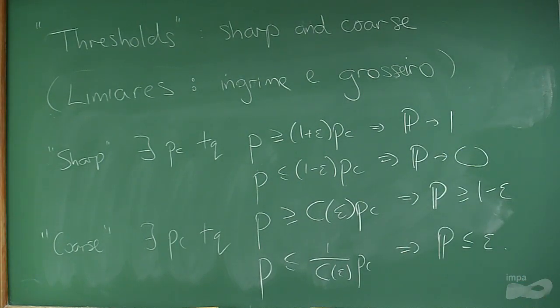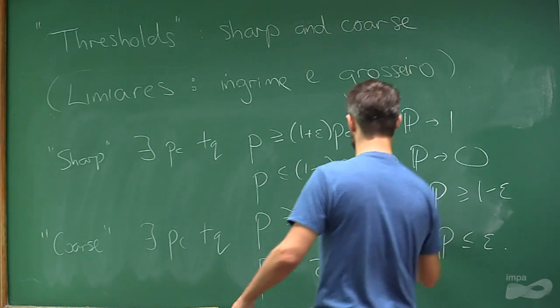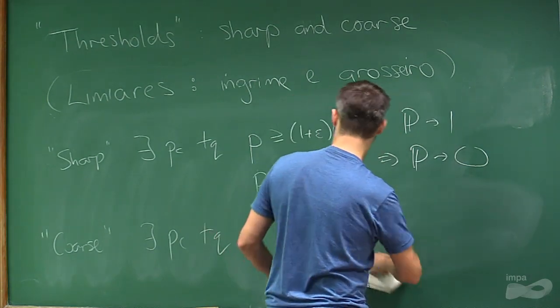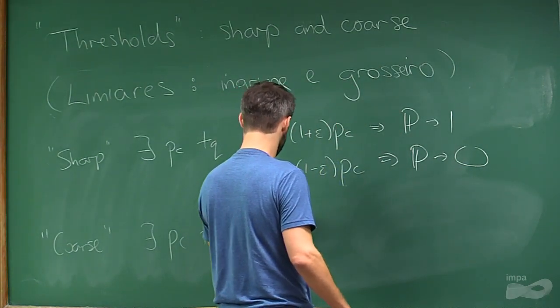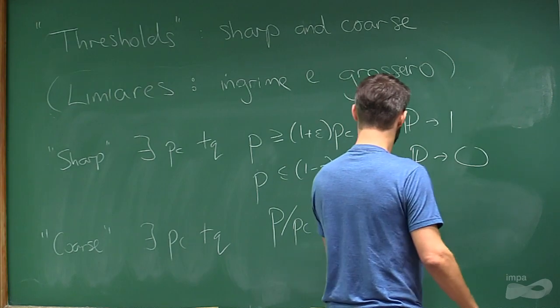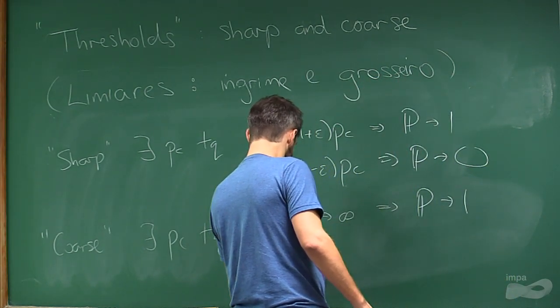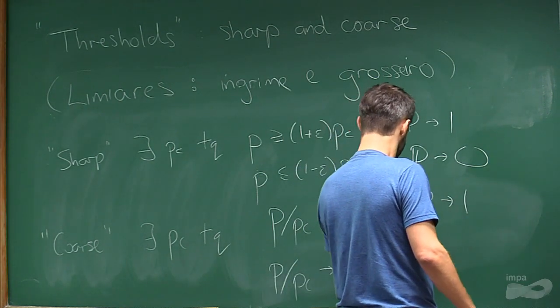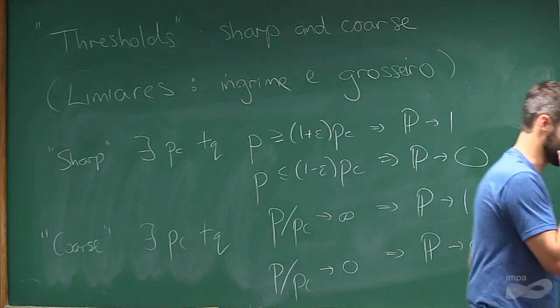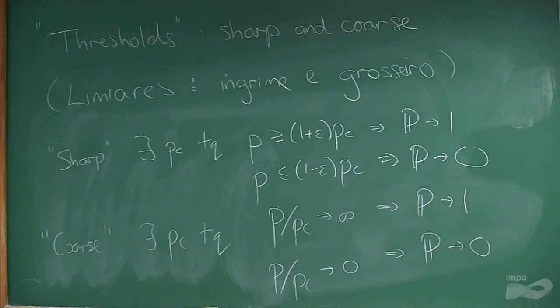So a coarse threshold means that, maybe I should write it in a different way. The probability goes to 1 as n tends to infinity.